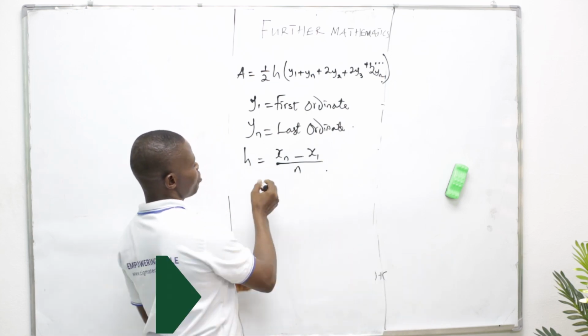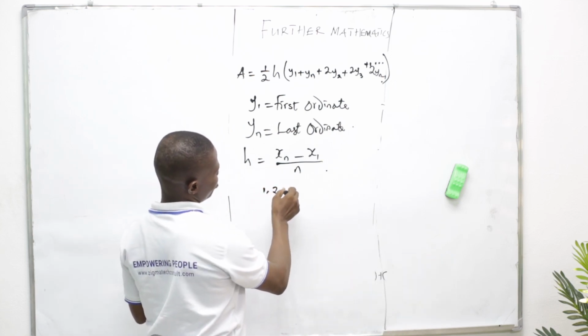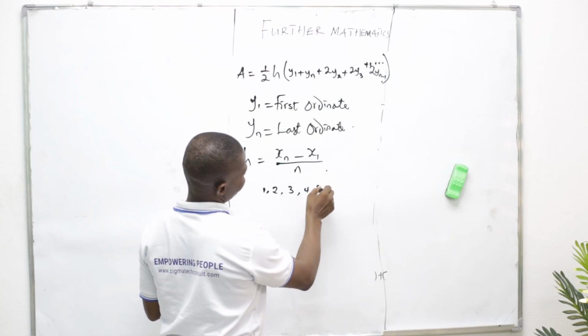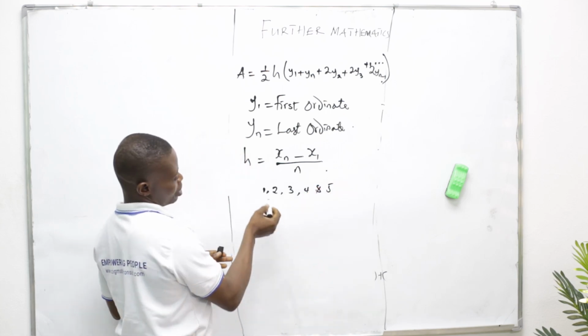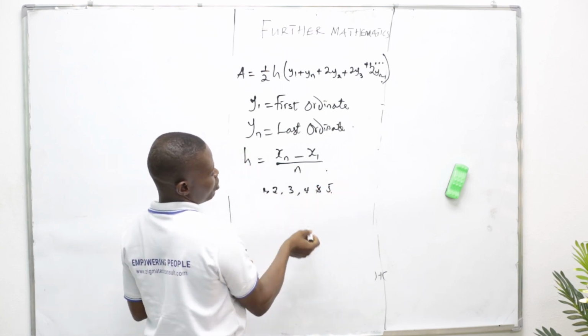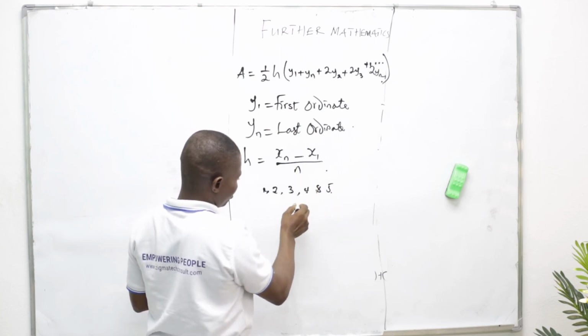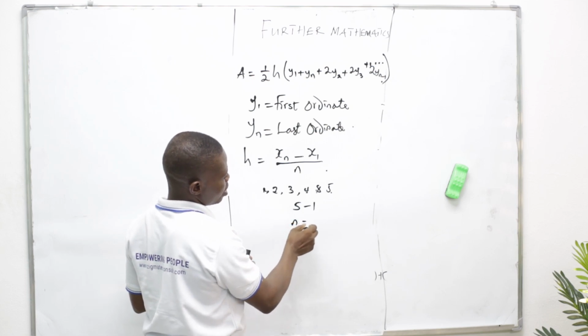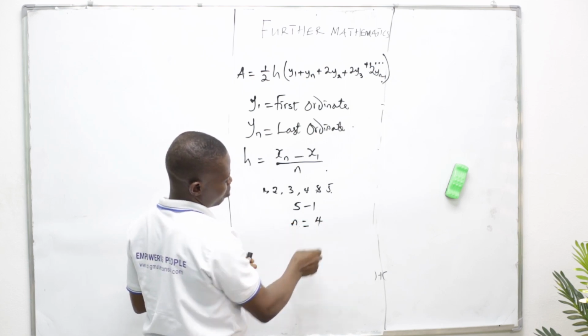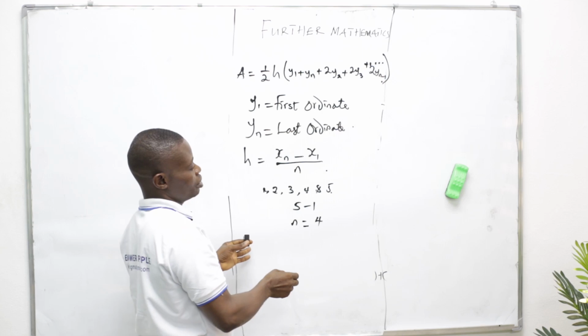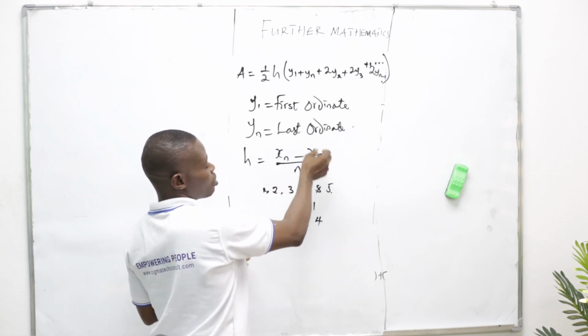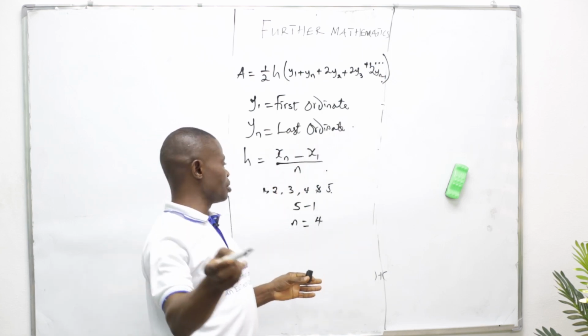For instance, if you have 1, 2, 3, 4, and 5, how many ordinates are here? 1, 2, 3, 4, 5. To get your n, you will say minus 1. So our n here is what? 4. Can you see it? Then this will be taken care of from the integration symbol.